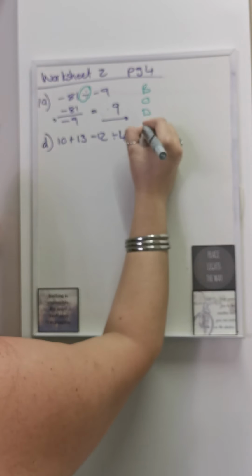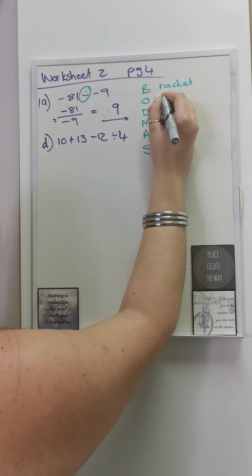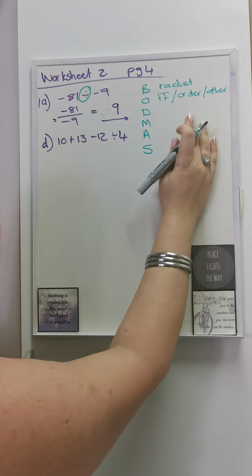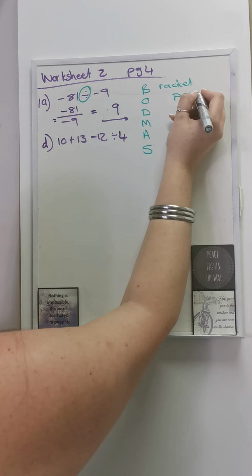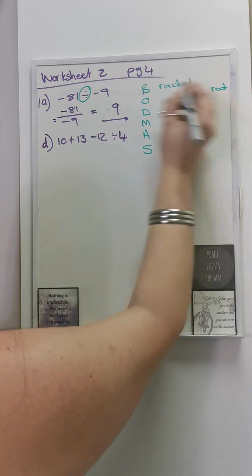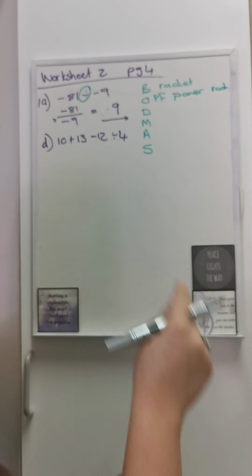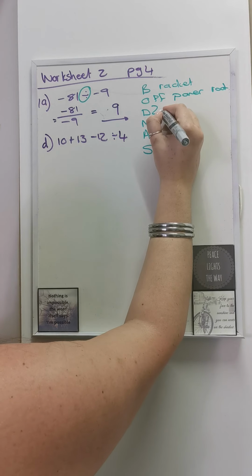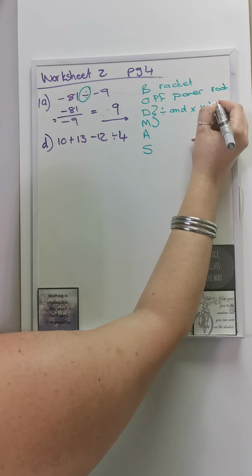Then there's the O, which I like to call of, because we talk about the power of 2 or the power of 3, or the square root of, the cube root of. Power and root go together. They do not stand separately. Then division and multiplication, whichever comes first.